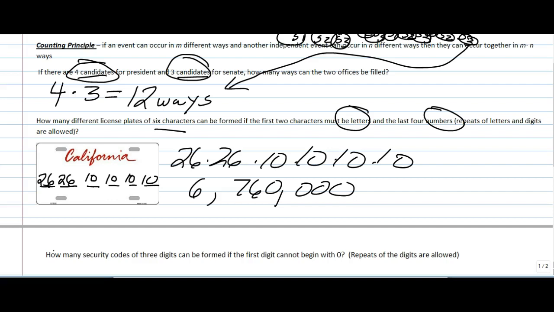So how could we increase the number of license tags for the registered vehicles if we're still only using 6 characters? One way is we could change one or more of the digits to letters, which would increase the number of tags that we can make.